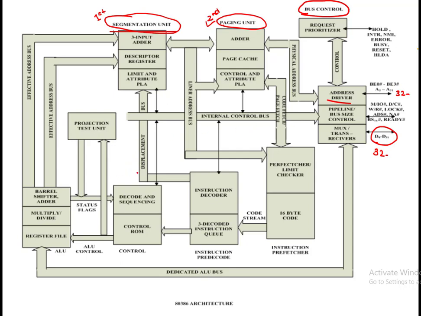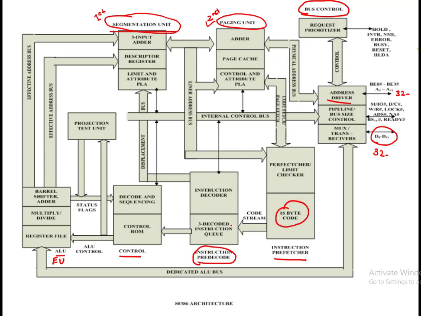The other portion of the architecture is the execution unit, which consists of the ALU, the control unit, the instruction decoder, and the instruction prefetcher. Once the instruction is brought into the microprocessor, it will be stored in a 16-byte instruction prefetch queue.